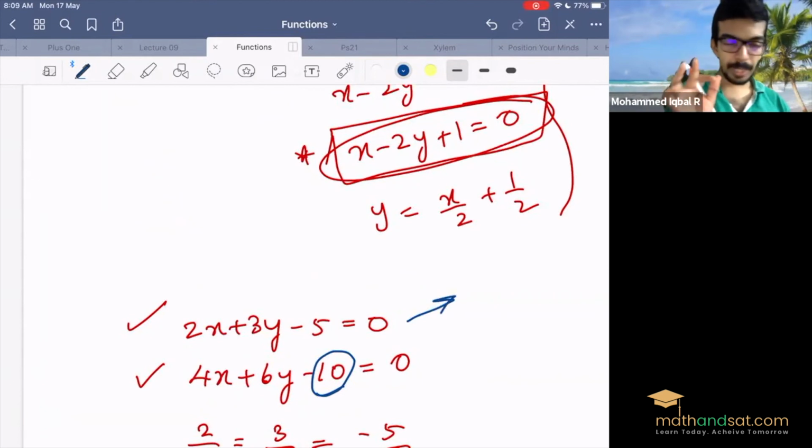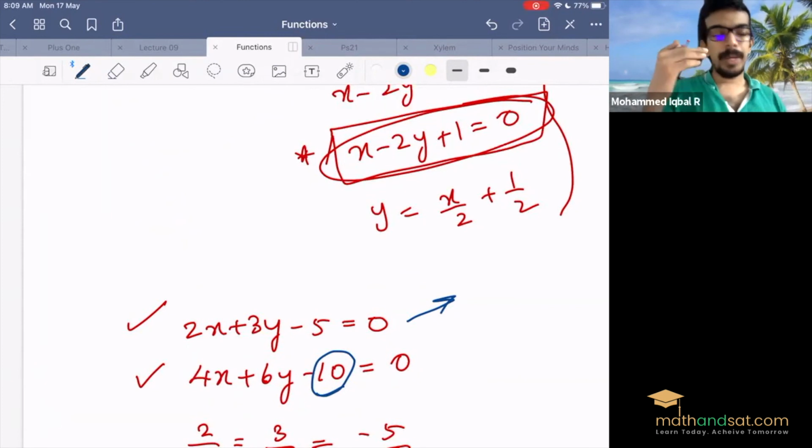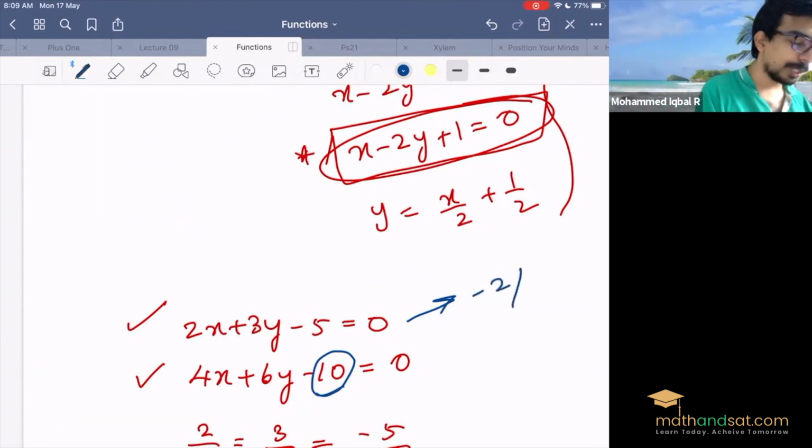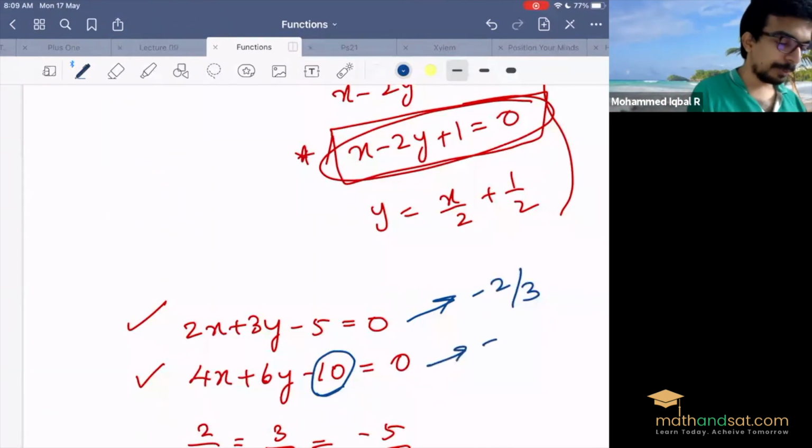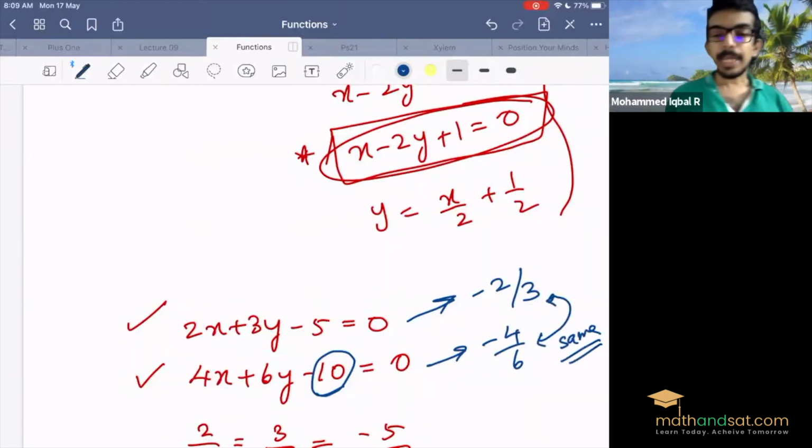We are talking about the previous case. Slope is given by minus coefficient of x divided by coefficient of y. So minus 2 over 3. What is the slope here? It is going to be minus 4 over 6, which is the same. In case of coincident lines, the slopes are the same because they are exactly the same line.